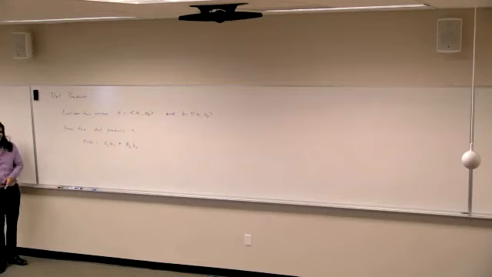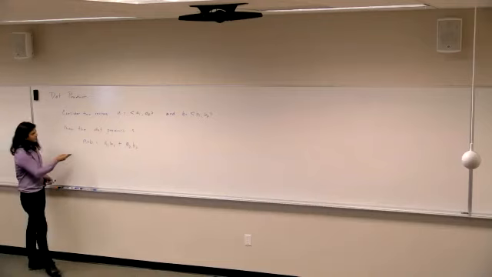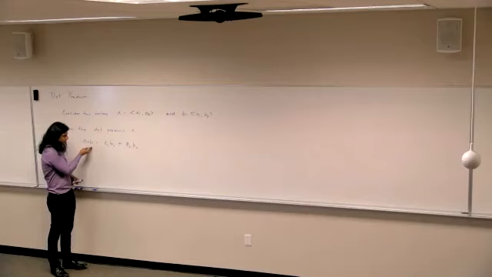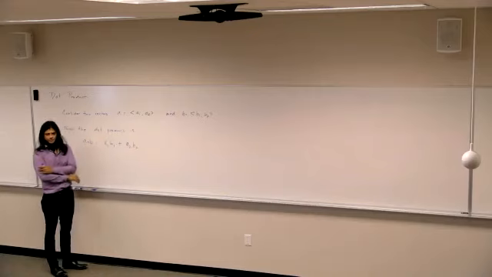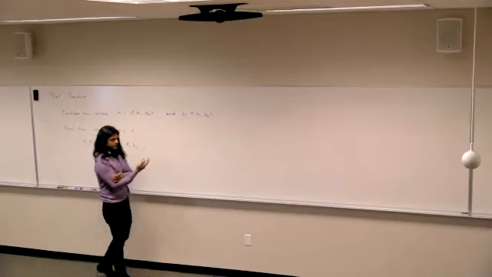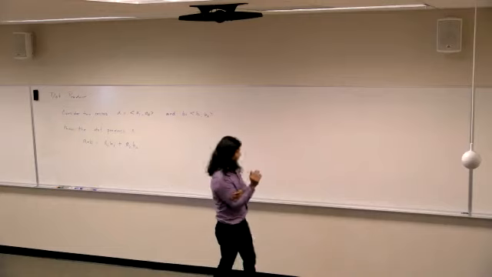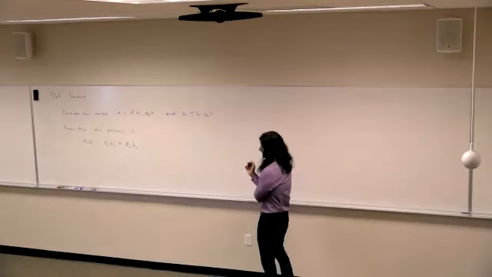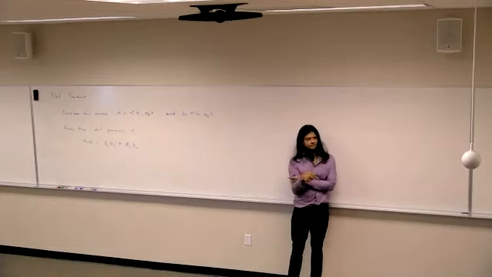An easier way to remember, you are doing A times B, so you do that to every single component and add them all together. So A1 times B1 plus A2 times B2, etc.